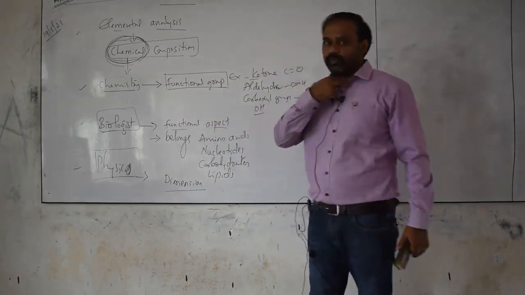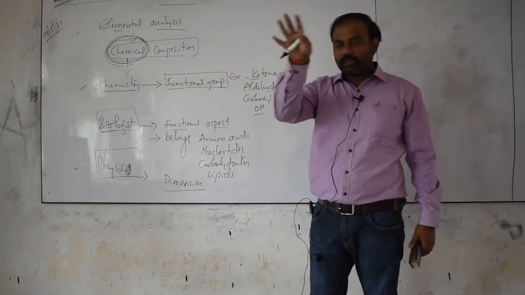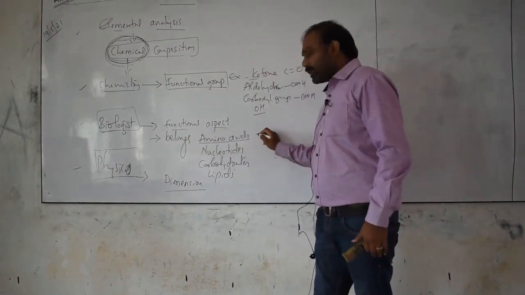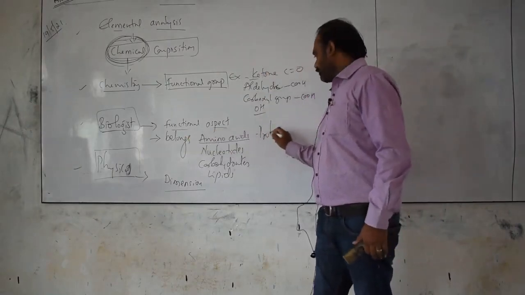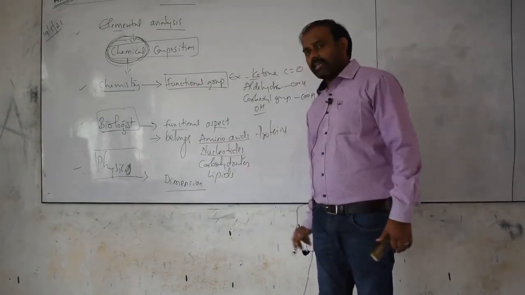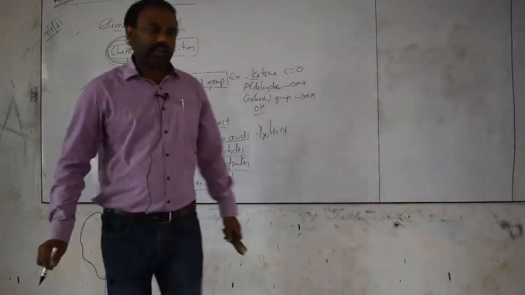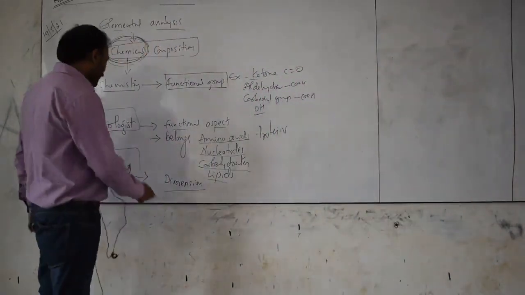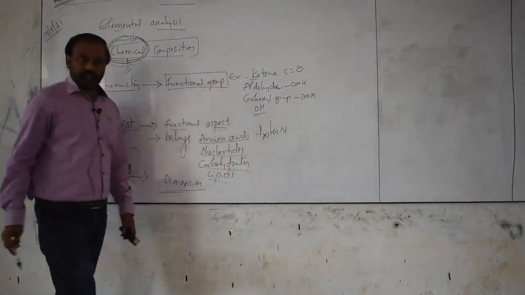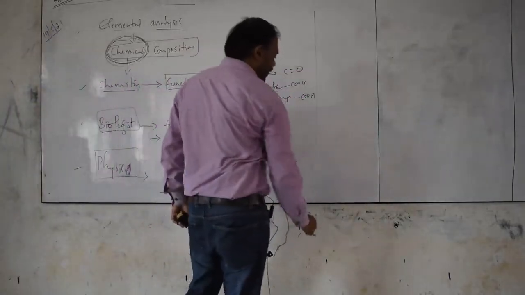Then, whether the chemicals we provide belong to amino acids, nothing but proteins, second one nucleotides, and carbohydrates and lipids. So this is according to the biological point of view. And the last one is physics. They always bother about the dimension, what different dimensions are present in the given chemical. This is one aspect. Clear?